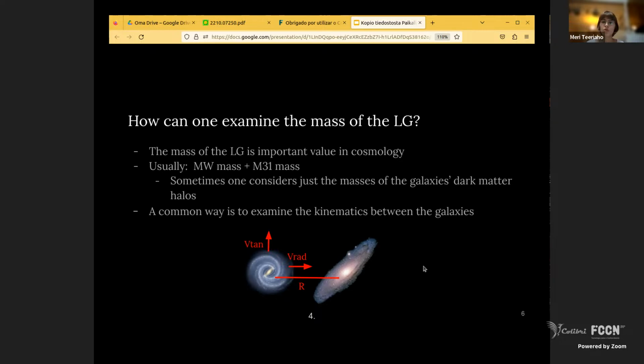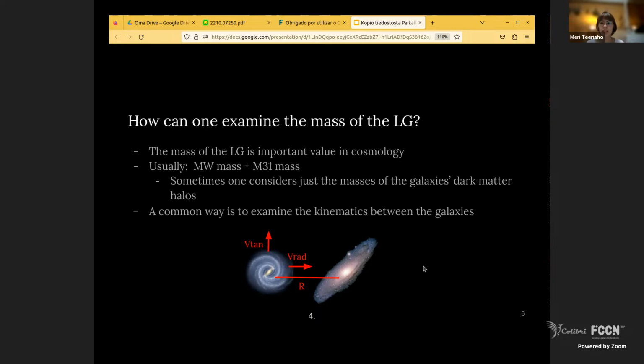Usually we approximate the mass of the local group to be just the mass of the Milky Way and Andromeda. And sometimes we just consider the masses of the galaxies' dark matter halos, so we don't look at the baryonic matter, the normal matter. One common way is to examine the kinematics between the galaxies.